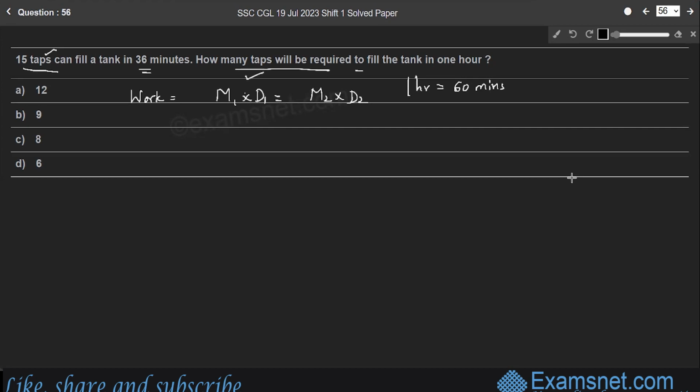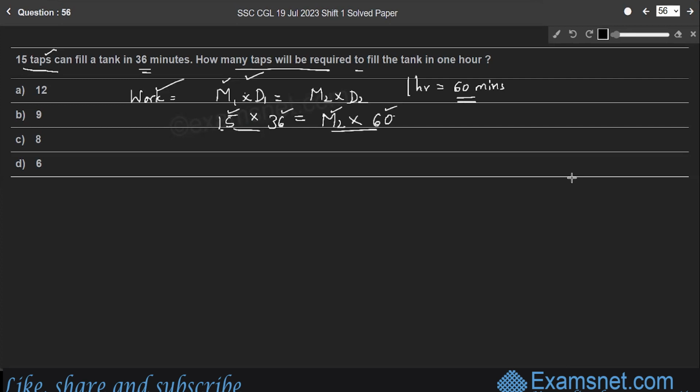So this is the simple concept. Here M1 is the number of taps we are using, which is 15. So 15 taps can fill a tank in 36 minutes. Therefore work is 15 into 36, which is equal to M2 into 60 minutes. In both cases, work is the same, right? So the number of taps and the time taken are different, and their product is the total work.